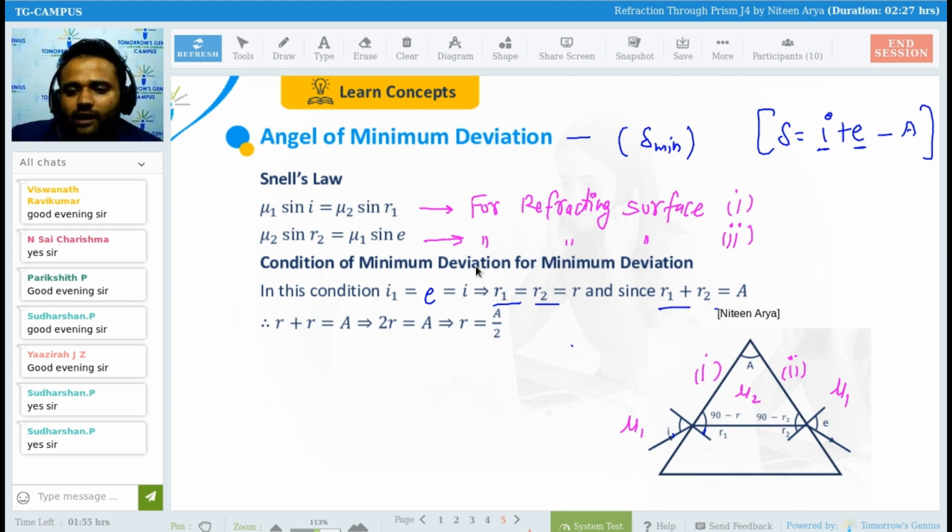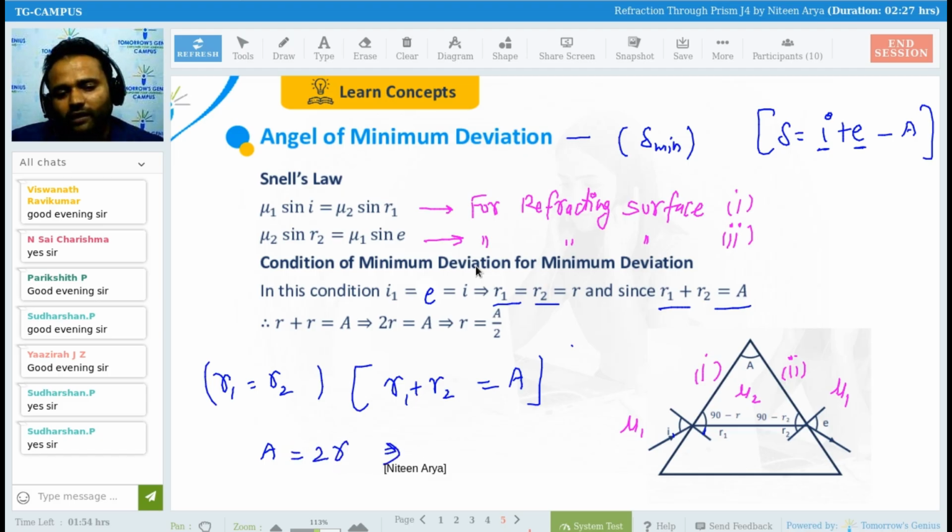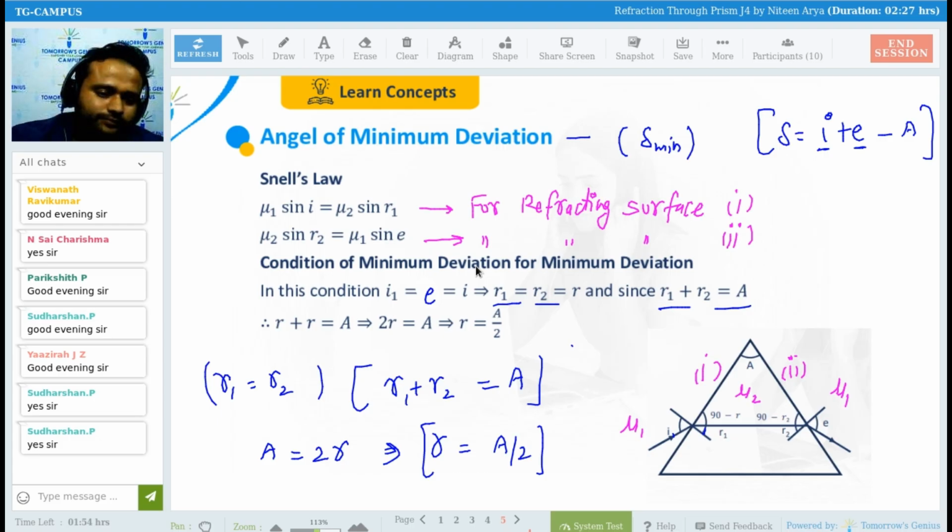Since R1 plus R2 equals A, and R1 equals R2, A equals 2R. Then angle R, the angle of refraction, is A by 2. Is this clear till now?